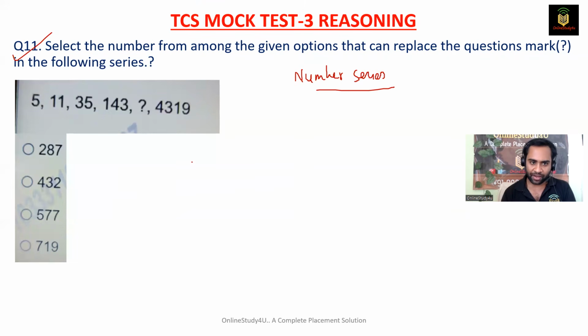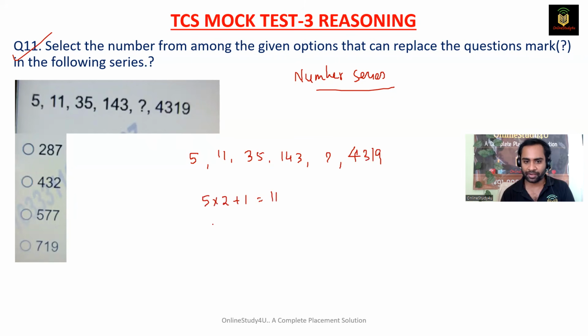We have 5, 11, 35, 143, then what is to be found, and 4319. So 5 into 2 is 10, and 10 plus 1 is 11. Then 11 into 3 is 33, plus 2 is 35. So what we are doing: multiplied by 2 plus 1, multiplied by 3 plus 2.